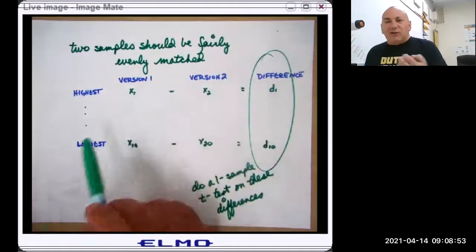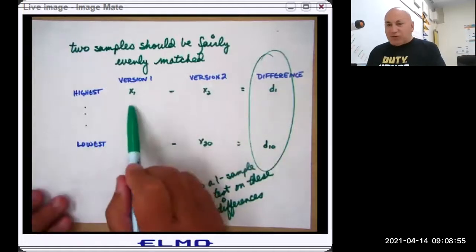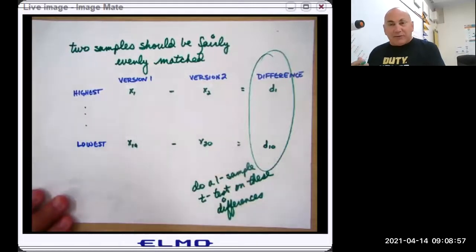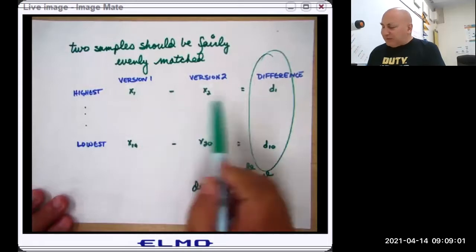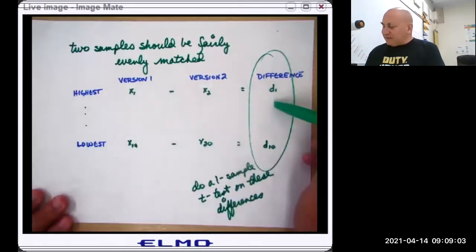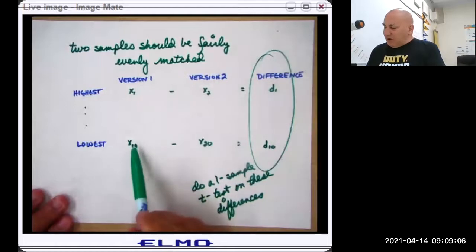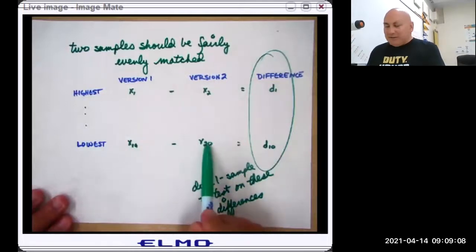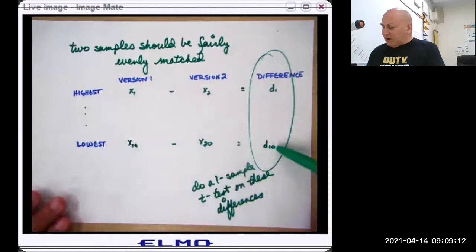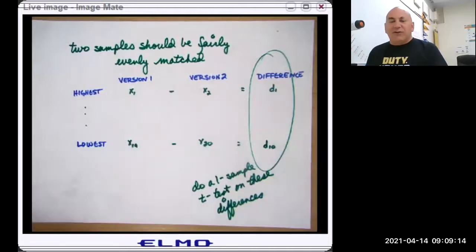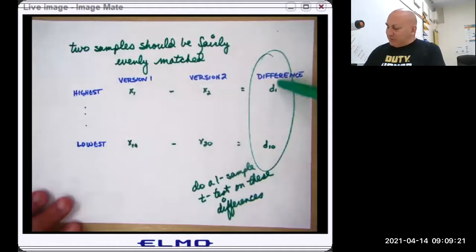Then I take the next two students, 3 and 4, and I take the version 1 score from that person and the version 2 score from that person, and I take a difference. Then I go all the way down to 19 and 20, and the version 1 score minus the version 2 score, I've got a difference. So if I have 20 students in class, I had 10 go to version 1, 10 go to version 2, I end up with 10 differences.